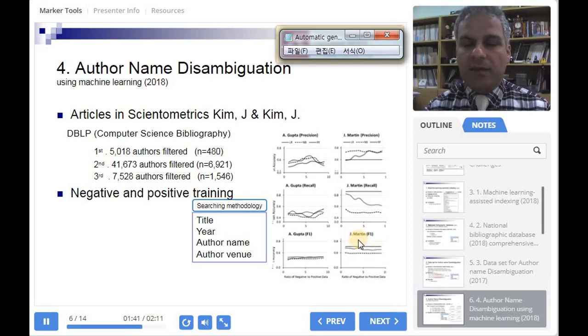In their searching methodology, they use title, year, author name, and author venue. This article describes that by adding positive and negative training to a dataset, disambiguated names can be figured out.